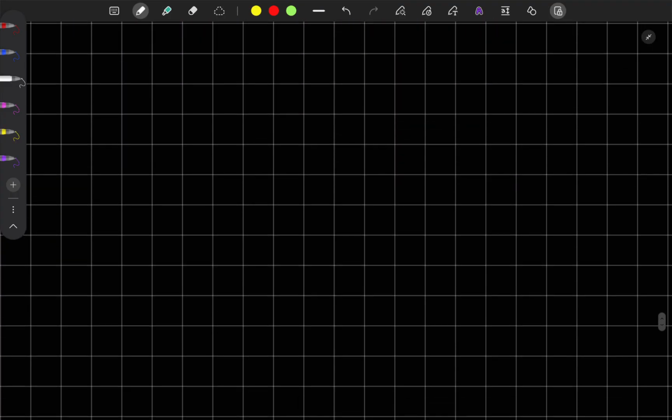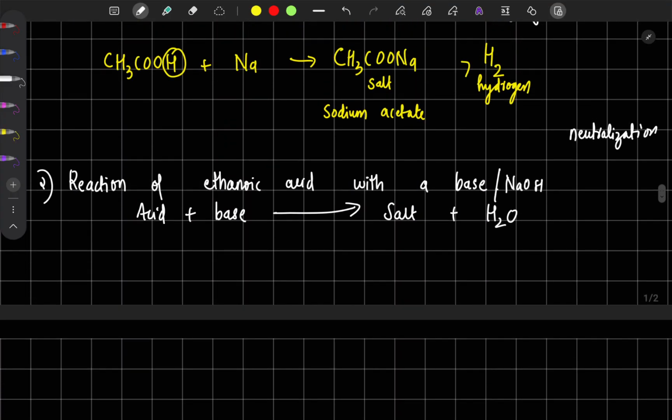Acid plus base giving salt plus water. So now let us write the reaction. Our acid is ethanoic acid, CH3COOH, plus base, let us take NaOH. One thing we are very much sure, water will be formed. That water is formed by this OH and this H, so H2O is formed. So what will be remaining?